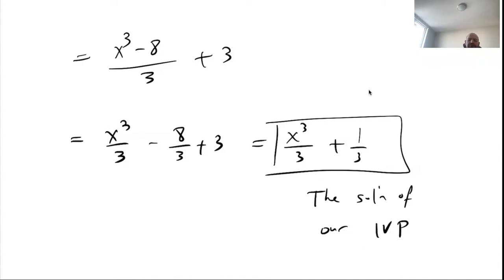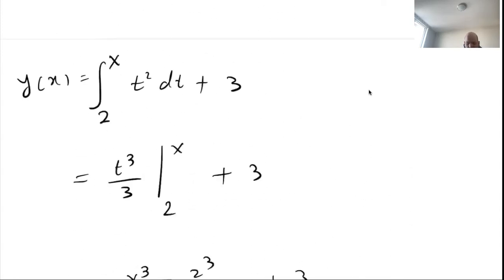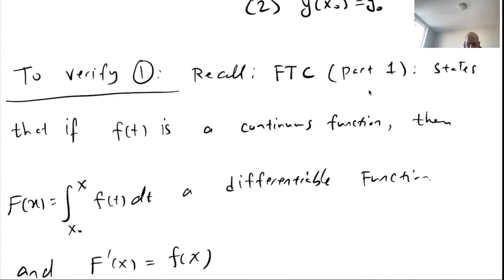And we simply use FTC to find the solution, because FTC tells us that if you have a continuous function f, then the area function, which in that course you call capital F, has the feature that capital F prime is equal to small f. So we just took advantage of that, and we found this solution.